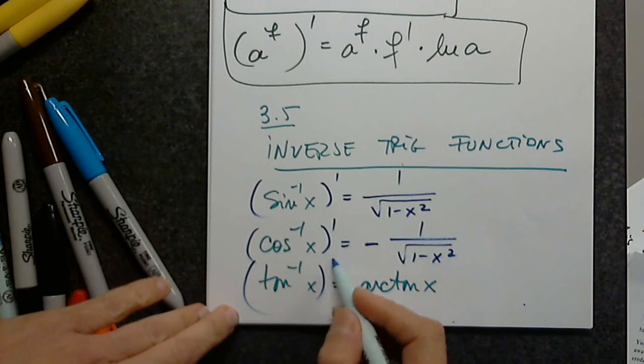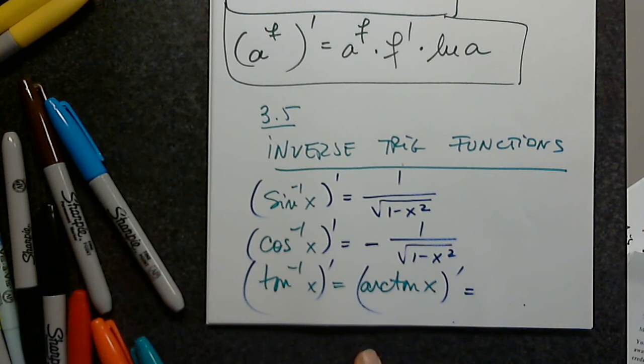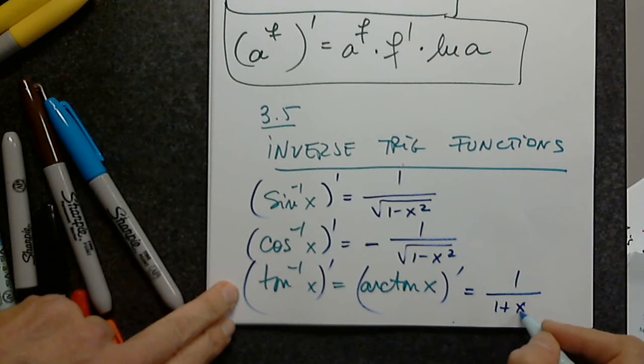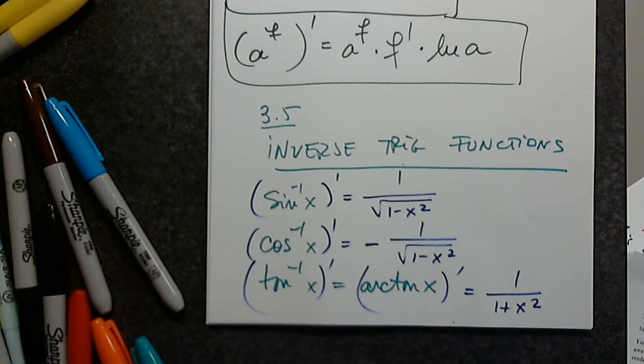And when we differentiate arctangent, or tangent inverse, we get this. I don't like asking you to memorize, but we need these three memorized. And now we can practice a couple of problems with this.